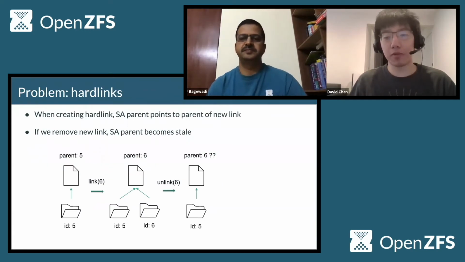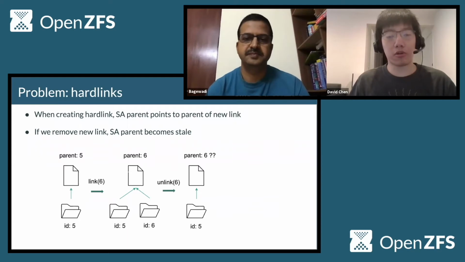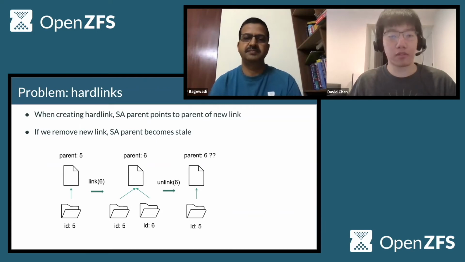The second problem is the hard link problem. Because we only store one parent ID inside the dnode, when we create a hard link, what the current code does is this: for example, we have a file that's in directory ID 5.